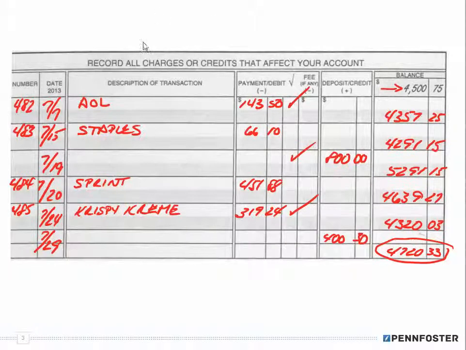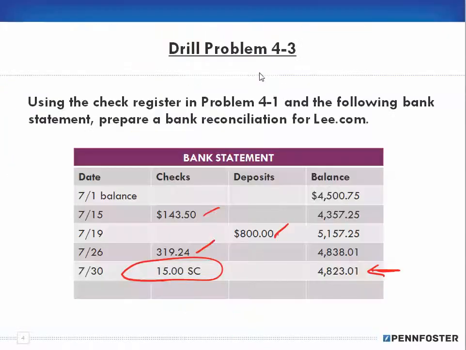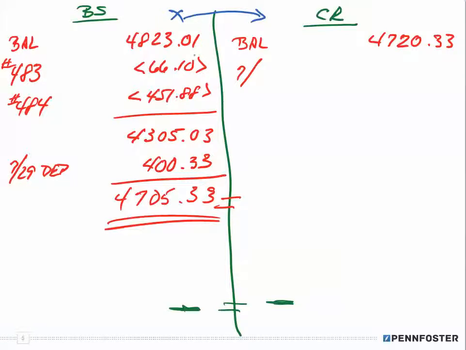Okay, so I'm going to come down, and a service charge is a deduction, so that's 7, whatever date that is, say 7/30. And I have my service charge of $15, and that's a deduction, a subtraction, because they're taking the money out. And so this is the only deduction I have, so I'm going to subtract.